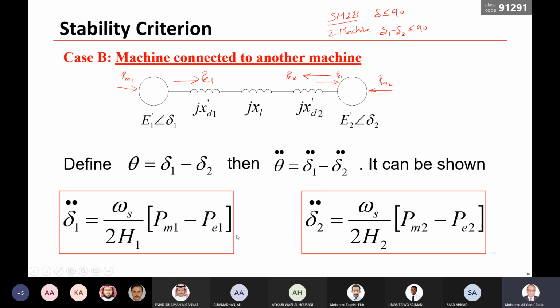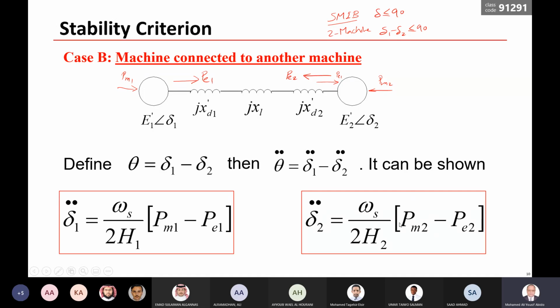Of course, you can get the difference, delta 1 double dot minus delta 2 double dot, which is theta double dot. P mechanical 1 and P mechanical 2 will be equal to minus P mechanical 1, and this is equal to minus P electrical 1.